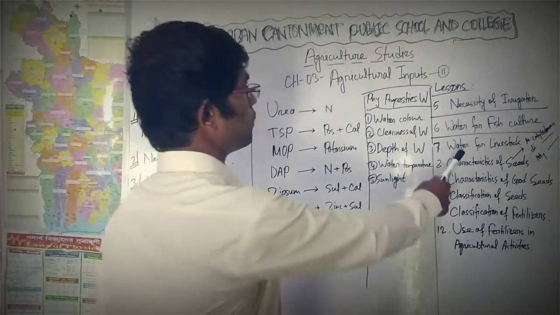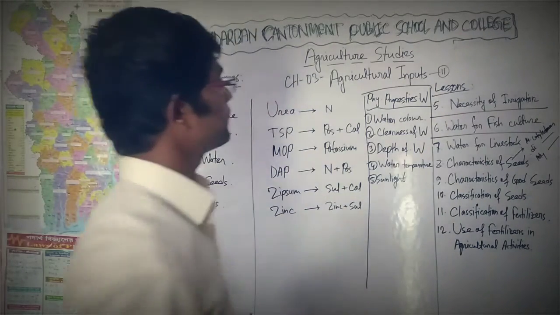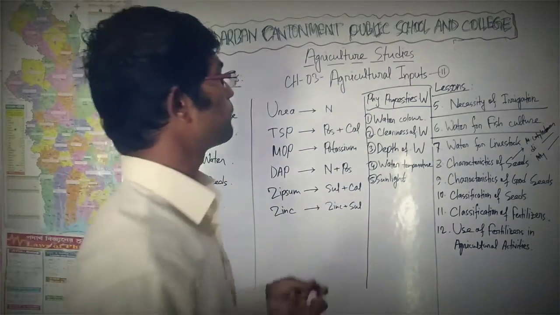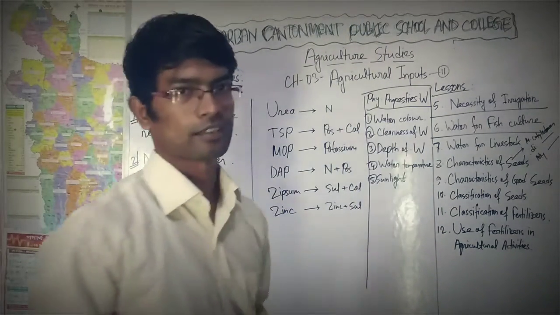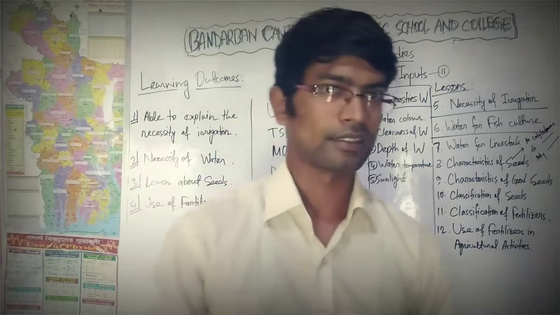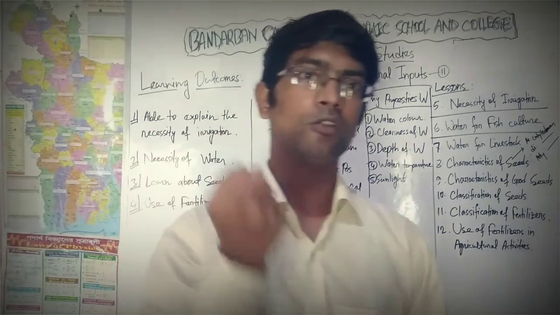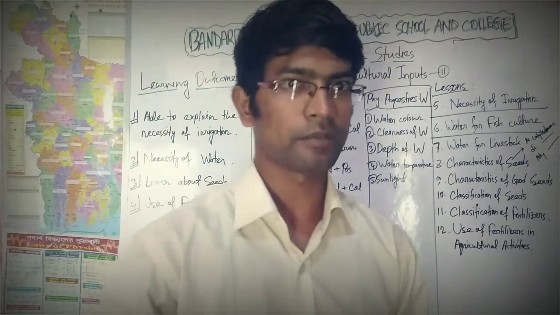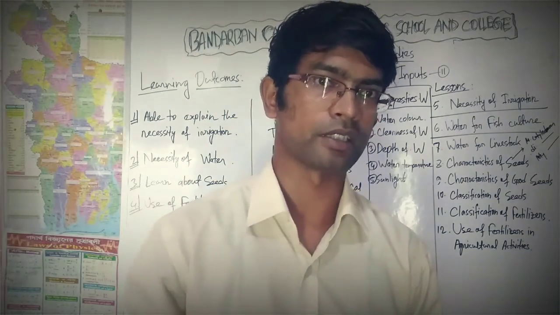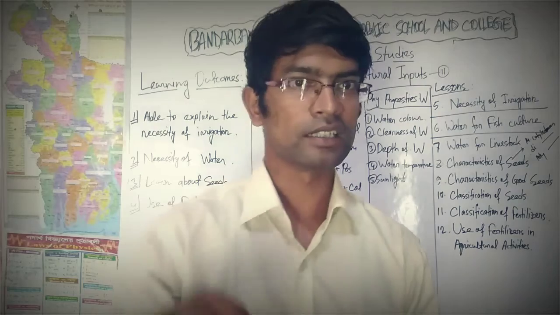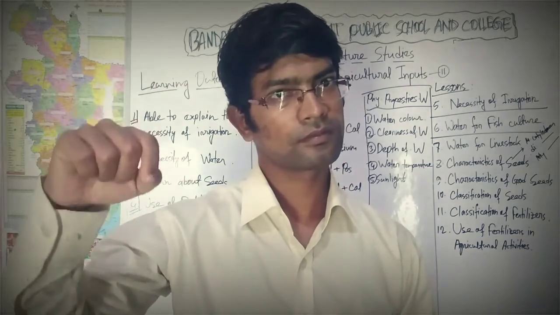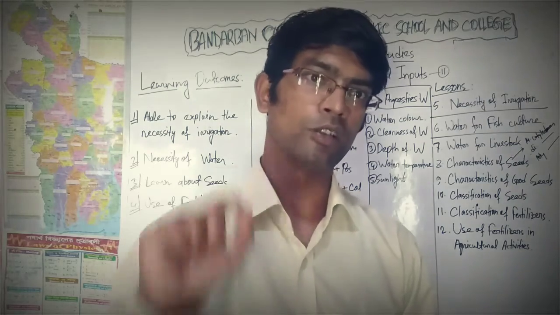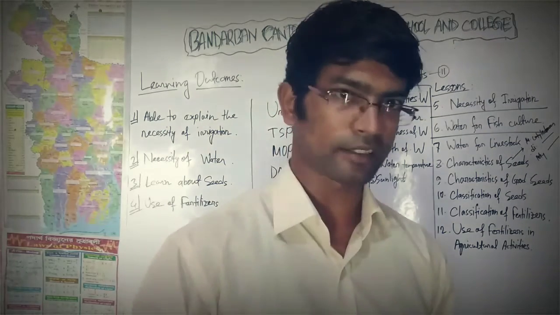Like this, water for fish culture depends on the physical characteristics of water. You have to maintain the water color. What kind of water color? The good water will be greenish, within 25 centimeters. The clearness of water more than 25 centimeters will be good water for fish culture.